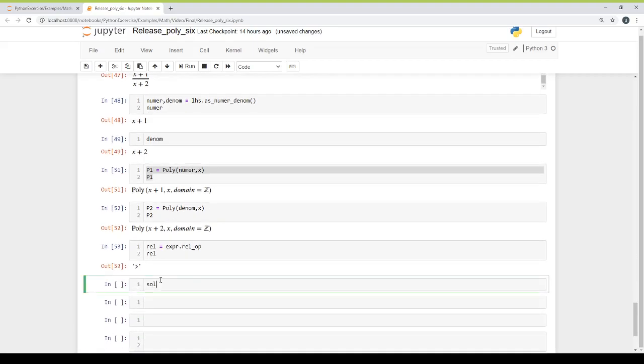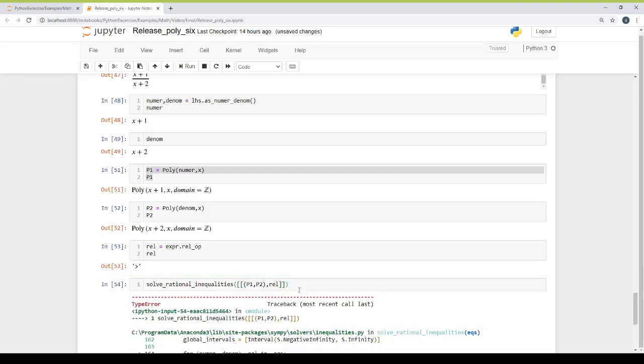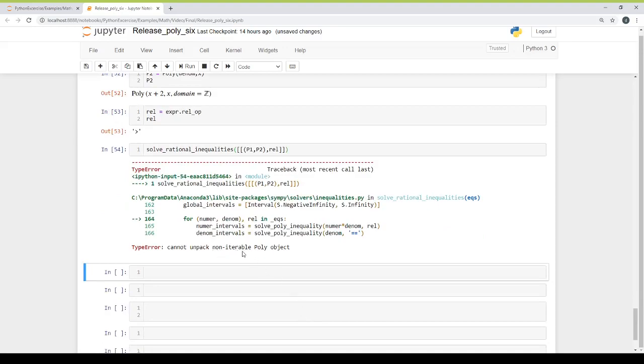Now we solve the rational inequality. Solve_rational_inequalities, pass p1 comma p2, the numerator and denominator of the rational expression, and the operator between them. Shift enter to run the code. Okay, can't unpack non-iterable.